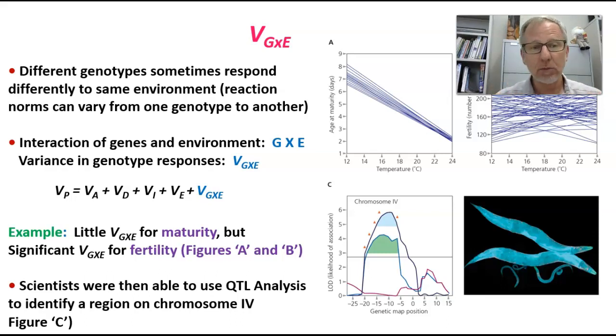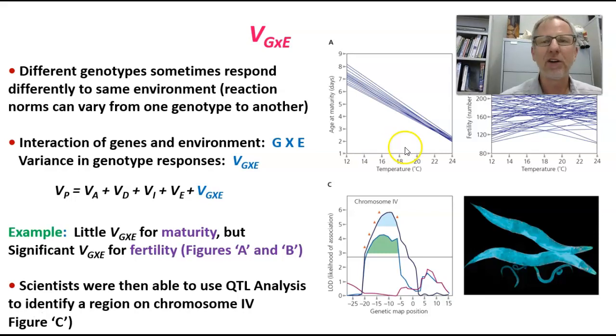So as an example, scientists did some studies on nematode worms, and they exposed worms to different temperatures. You can see in the upper figure A, temperatures ranging from 12 to 24 degrees Celsius, and then documenting the age at maturity for worms under those different temperatures.